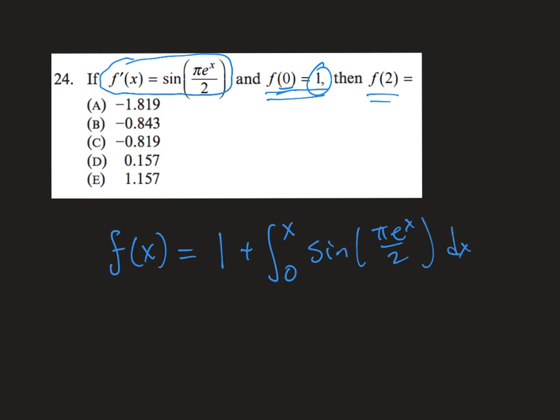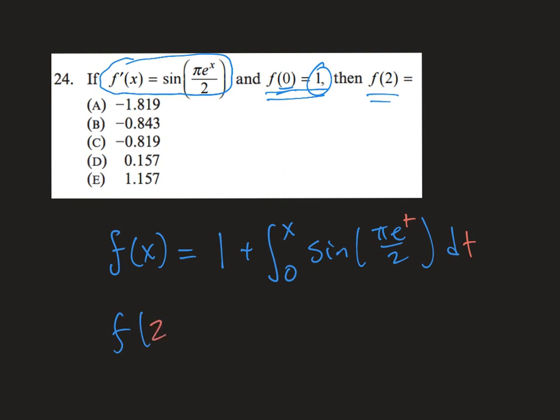I better make these t's, right? Usually when we write this, we change the letter here so we avoid confusion. So I'm going to put an e to the t here and a dt here. Okay, so we want f of 2, meaning that we're going to put a 2 where x is, not where t is. So we want f of 2.